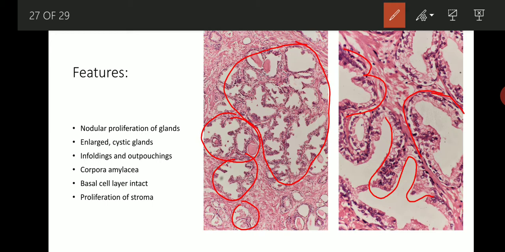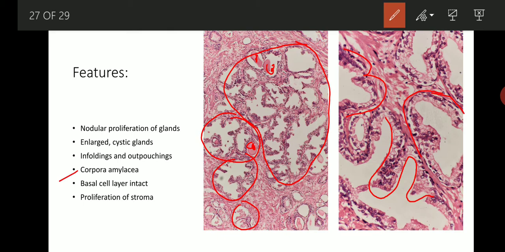They are very closely arranged to each other, in contrast to the normal prostate where they are far away from each other. In addition, these glands show secretions within the lumen. These pink secretions are known as corpora amylacea.